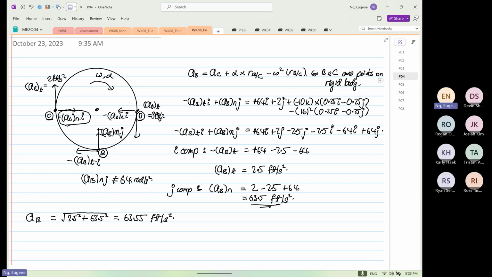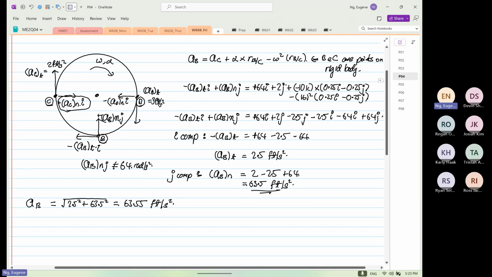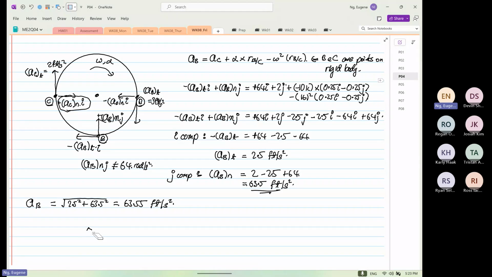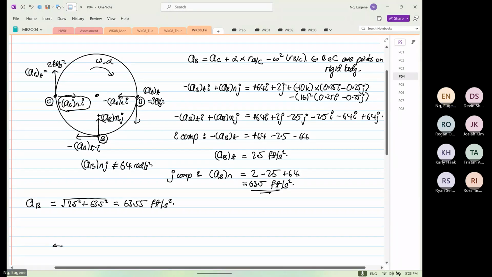And then if you're going to quote this value, you need to know the orientation, right? We know that the orientation is doing this. So this is our aBT, or our aB tangential. And then our j is going up this way, so this is our aBN. So what we have calculated is this value over here, which is our aB.